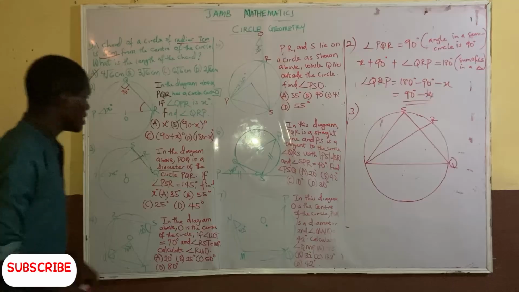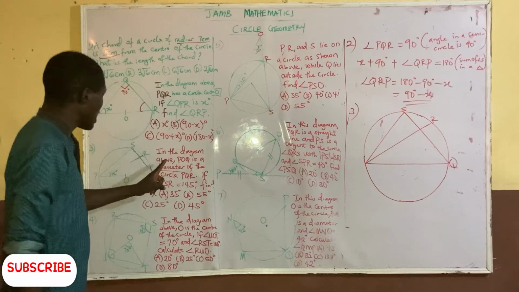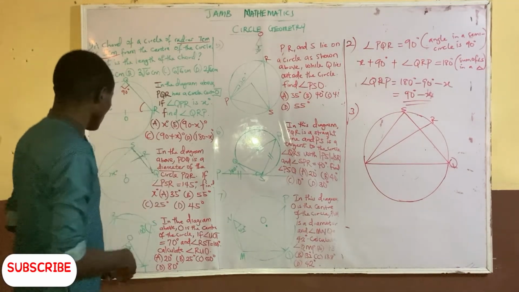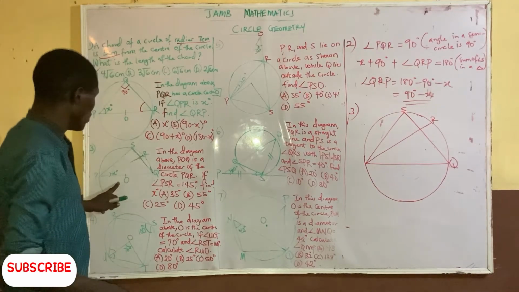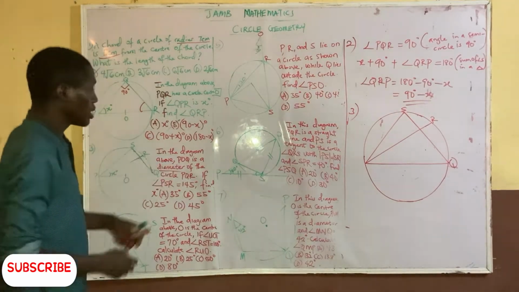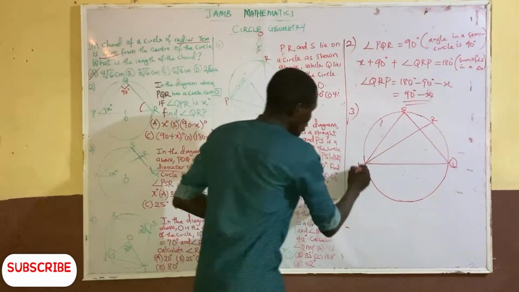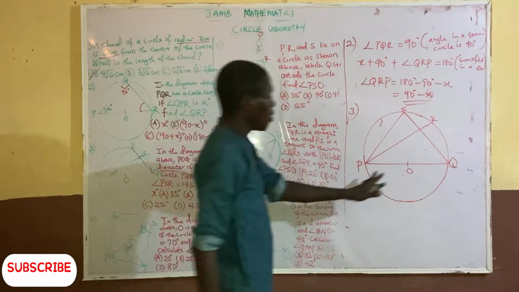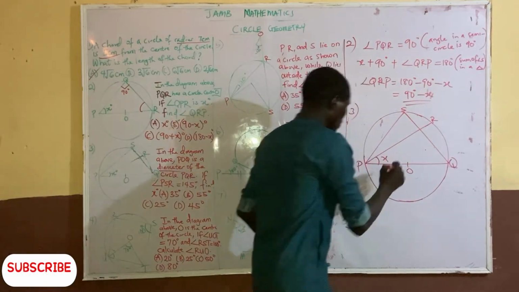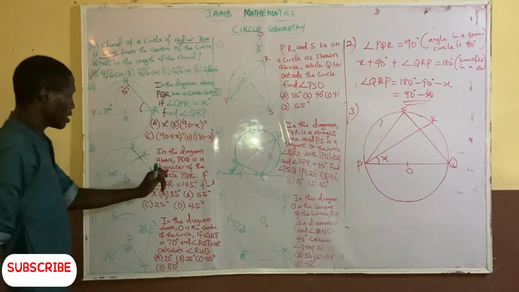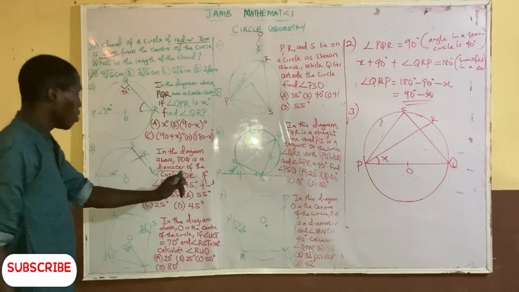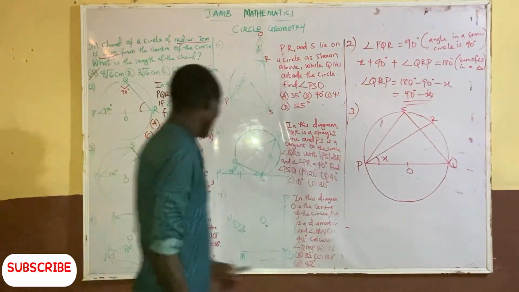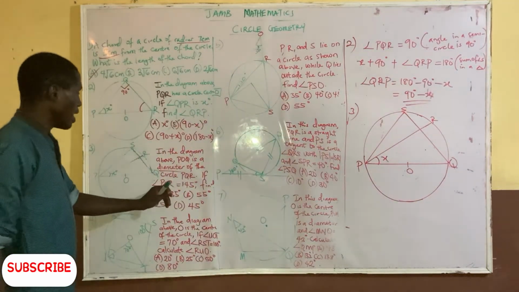The question says that in the diagram above, POQ is a diameter of the circle PSQR.